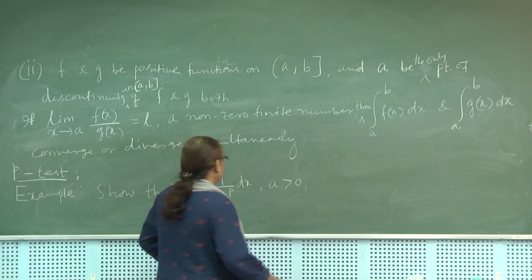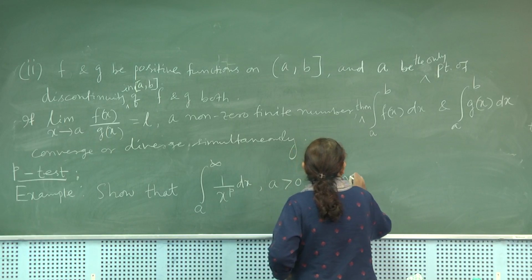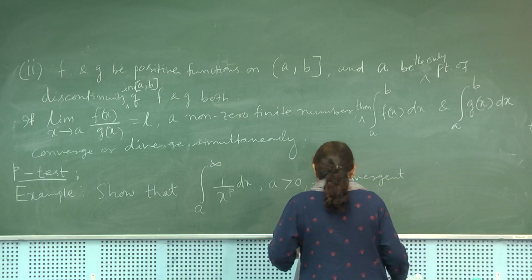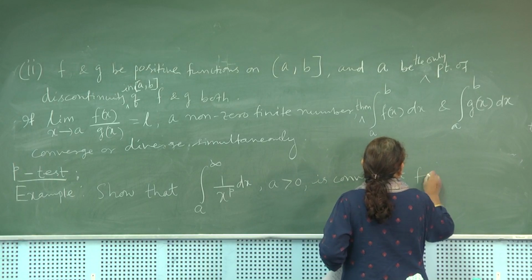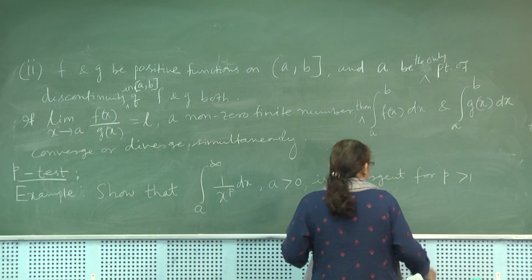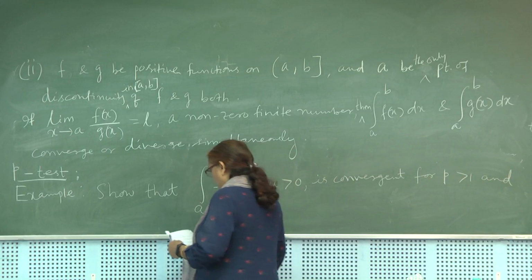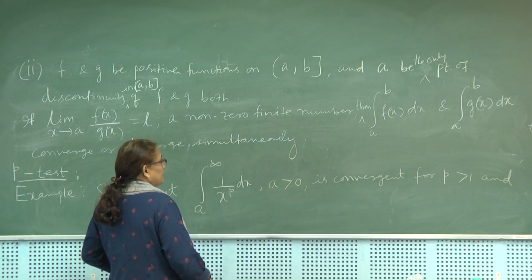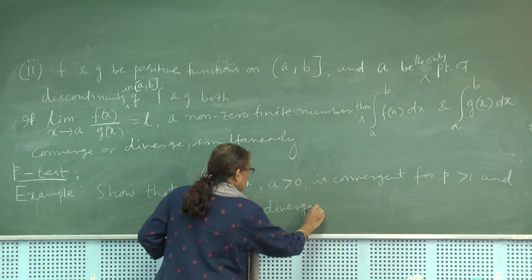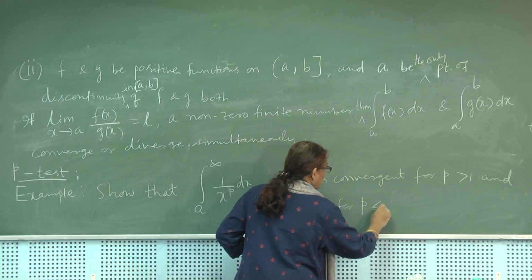We have to show that this is convergent for p greater than 1 and divergent for p less than or equal to 1.